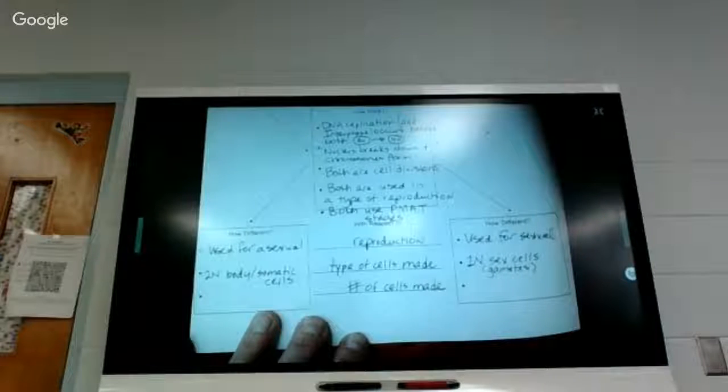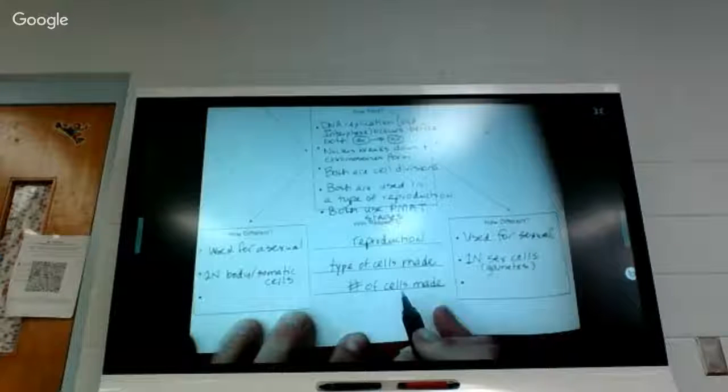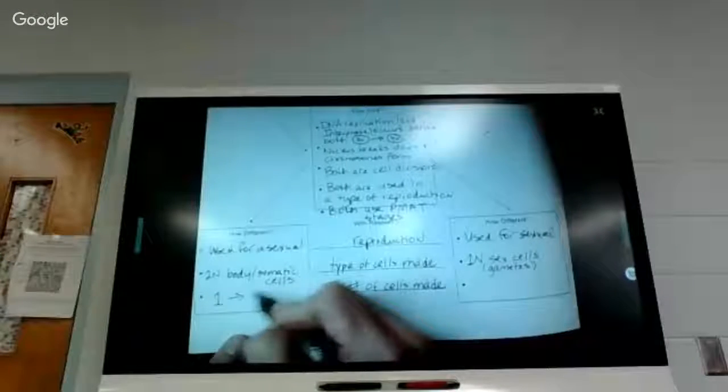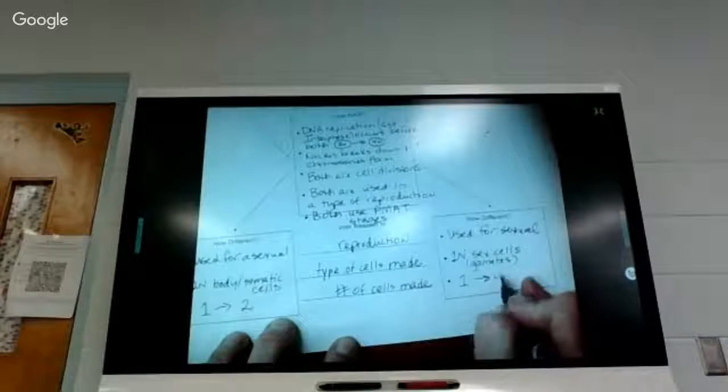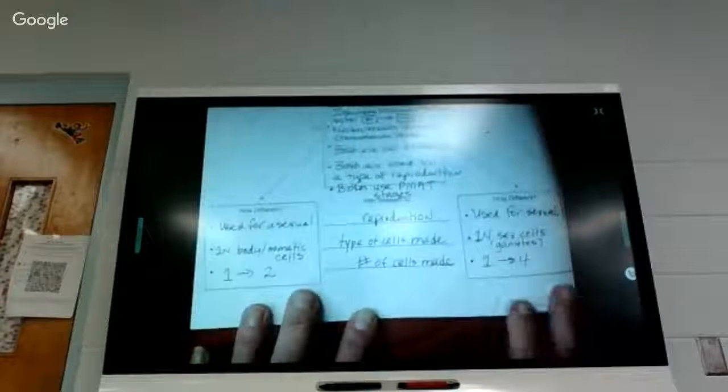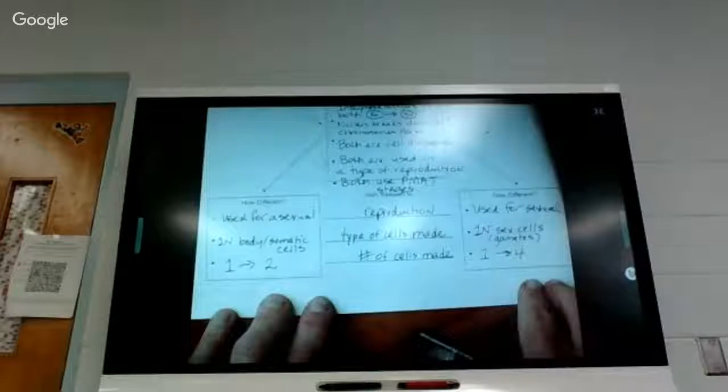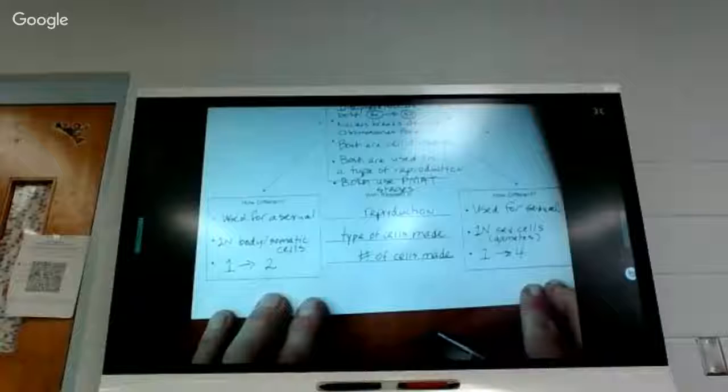Well, you just missed the first part, but it's actually 4. It divides twice. So we can say 1 cell creates 2, and 1 cell divides, and we get 4 in the end. Okay, so 4 haploid sex cells and 2 diploid body cells.